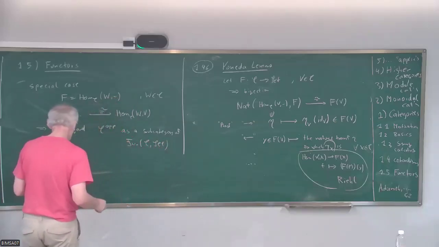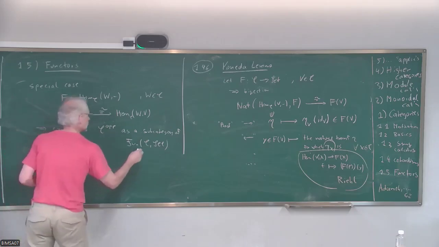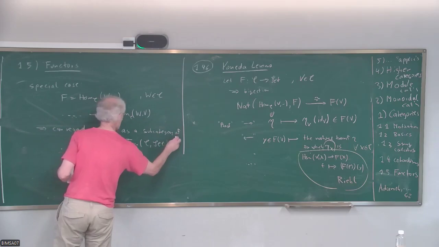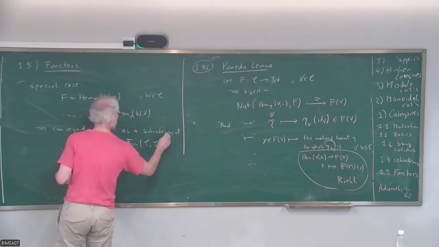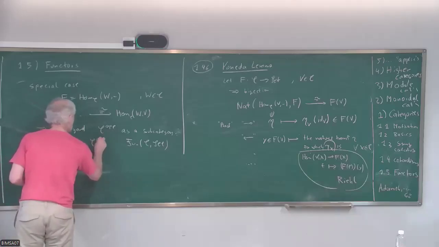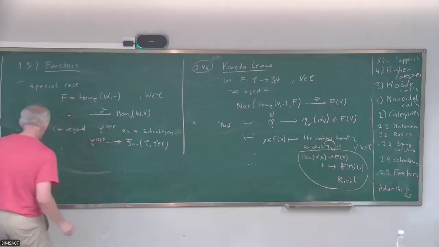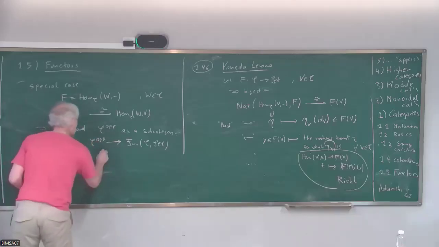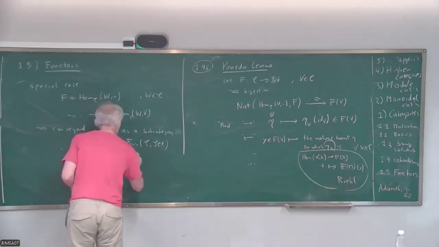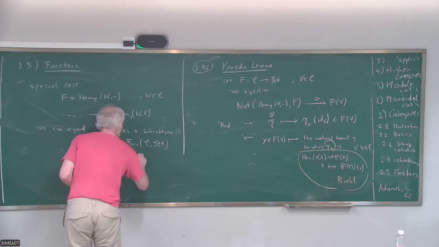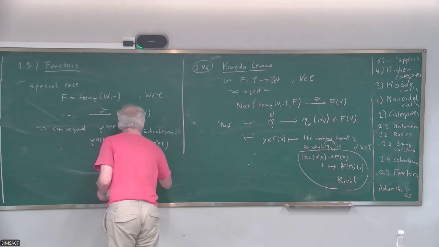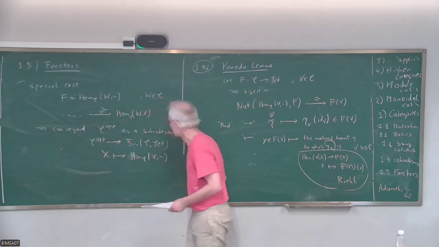Namely, look at the functor which sends any object X to the corresponding Hom functor. So Hom_C(X, something).